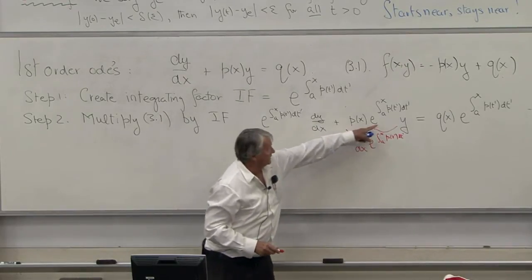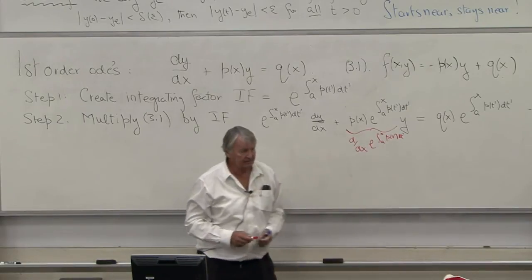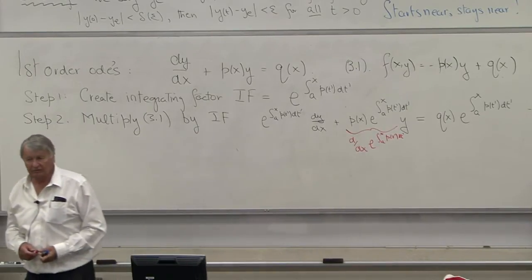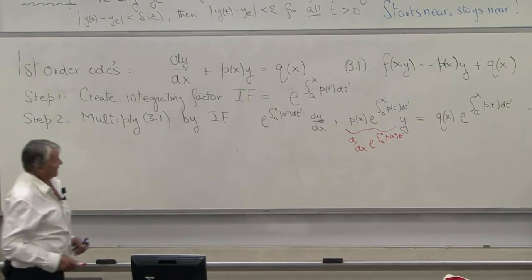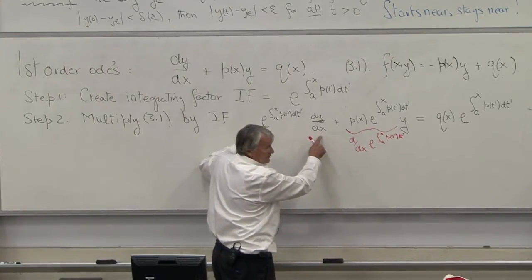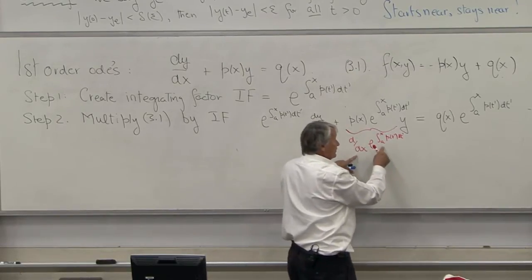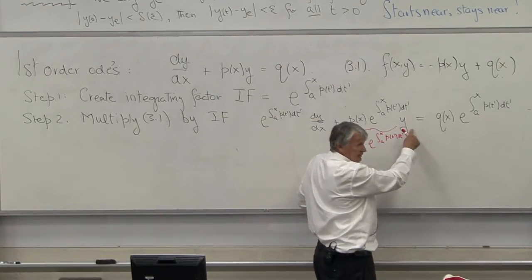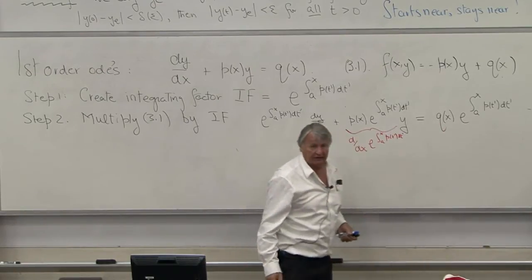See, this guy, that product, is just the d by dx of e to the integral from a up to x of p of t prime dt prime. So now I have integrating factor times dy by dx plus the d by dx of the integrating factor times y equals something that's known over here.